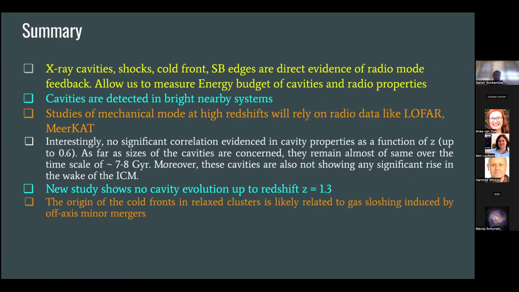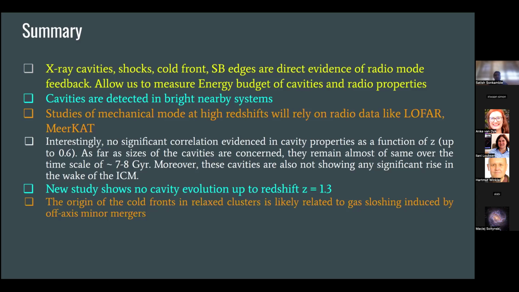This is the summary of my talk. X-ray cavities, shocks, and cold fronts are direct evidence of radio mode feedback, and they allow us to measure the energy budget of cavities and radio properties.